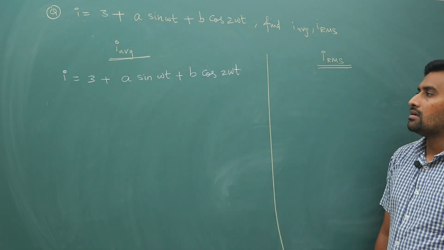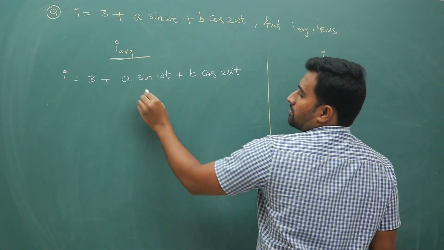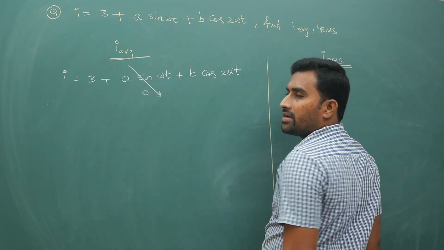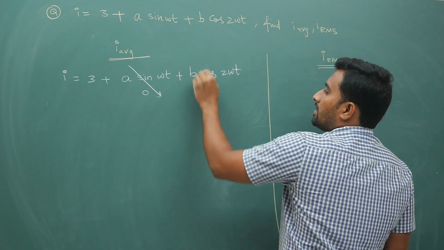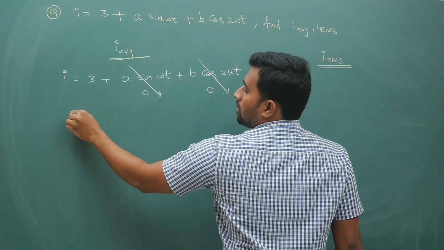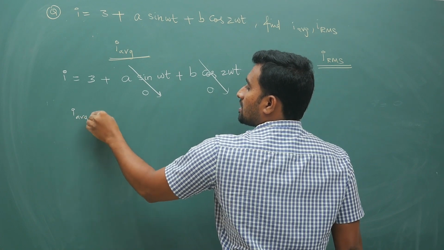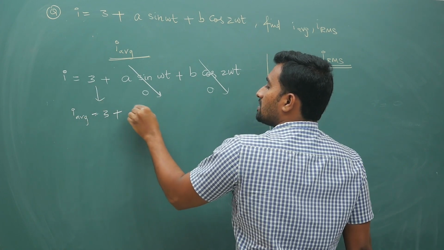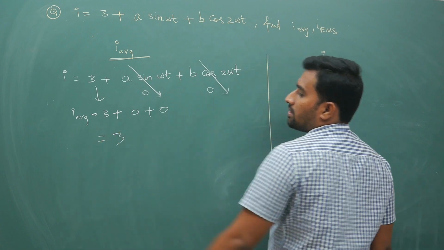Now coming to the average value for full cycle, the average of sin omega t and cos omega t, or integer multiples, becomes 0. So your I average for this is 3. So 3 plus 0 plus 0 is equal to 3.